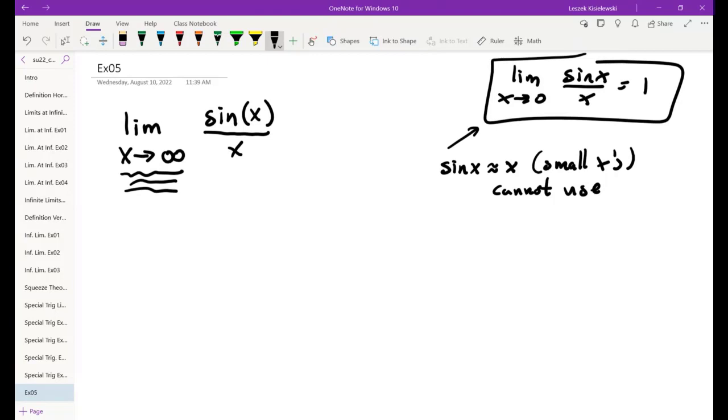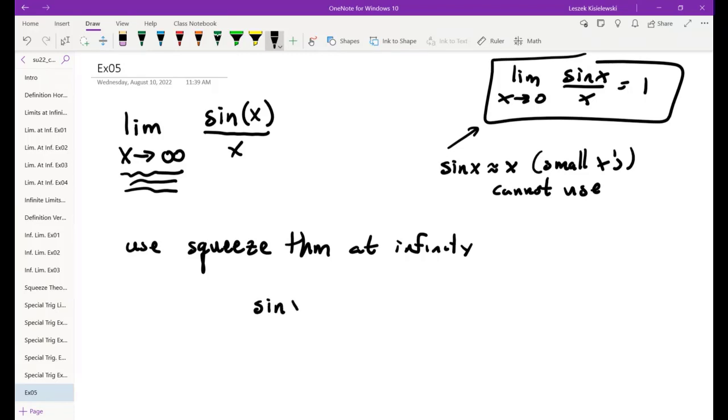Well, some sort of squeeze idea, right? So if I said use a kind of squeeze theorem at infinity, so as x goes to infinity, what's the starting point for using squeeze theorem here? Well, you start with the fact that sine is a function bounded above by negative and positive 1.